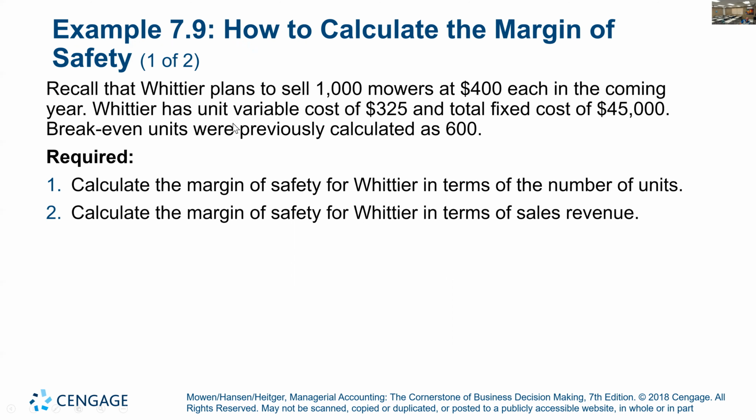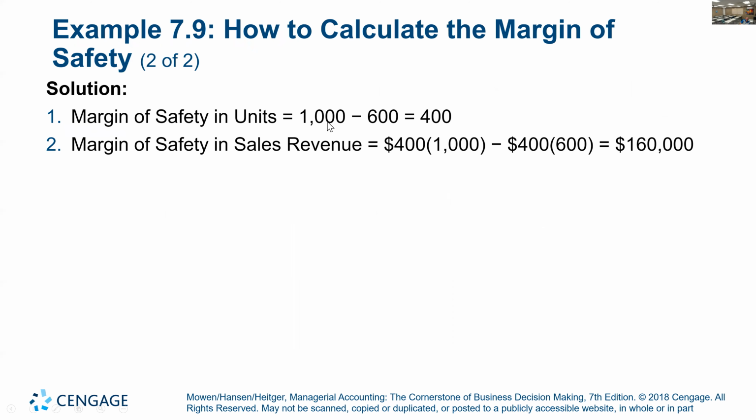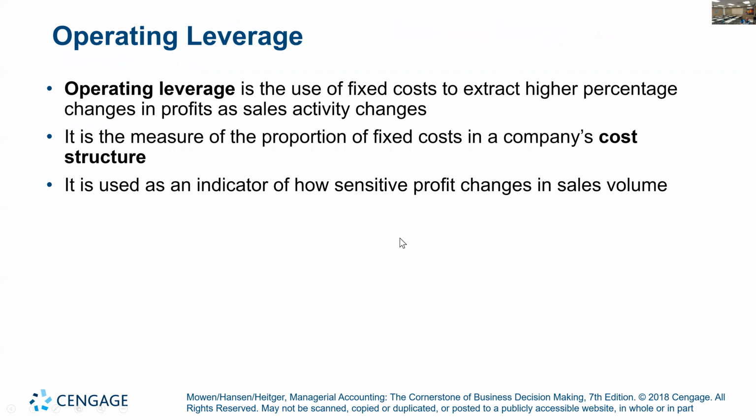Right, so here are some examples. Margin of safety: 1,000 minus our 600 break-even, 400. Margin of safety in sales revenue, well, you can just take that 400 and multiply it by the selling price of $400, so $160,000 margin of safety.